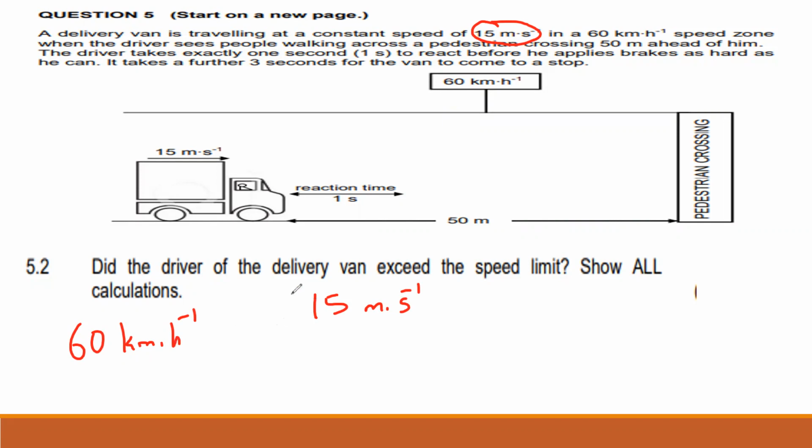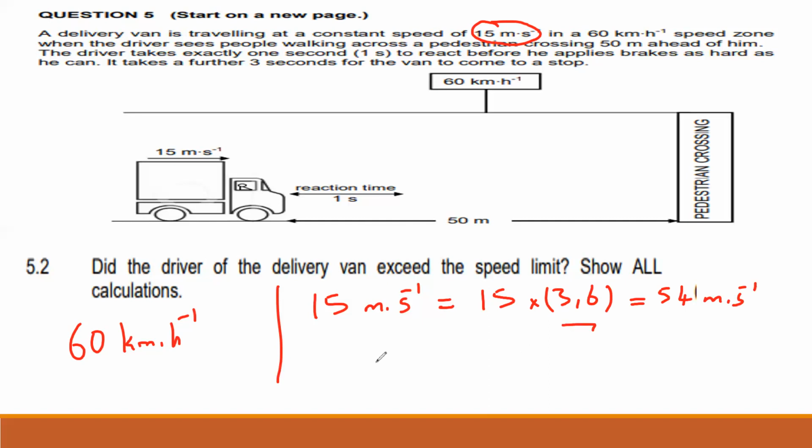We should convert first from meters per second to kilometers per hour. We are using this easy way, people: times by 3.6. So 15 times 3.6 gives 54. Why 3.6?